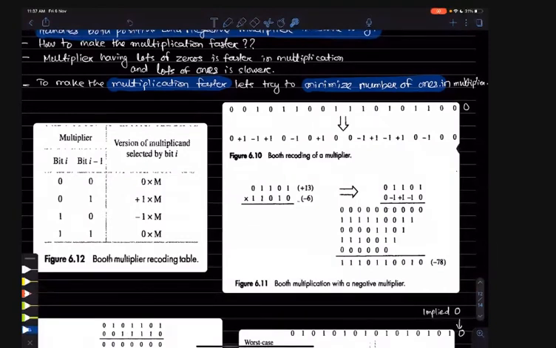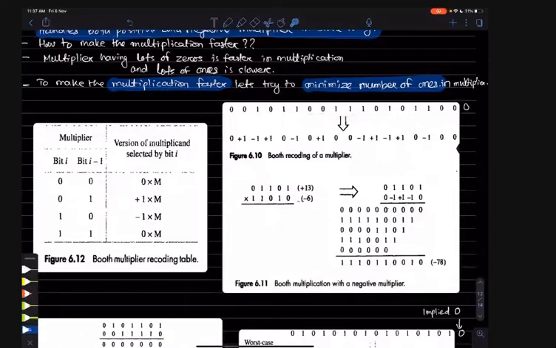Very easy, just check this table. Whenever you go down, 1 to 0, you have to add plus 1. When you go up, 0 to 1, you have to give minus 1. These two things you have to remember. Rest, 1, 1 is 0 and 0, 0 is 0.